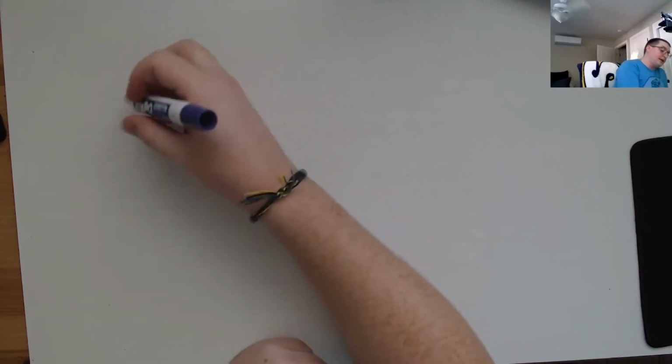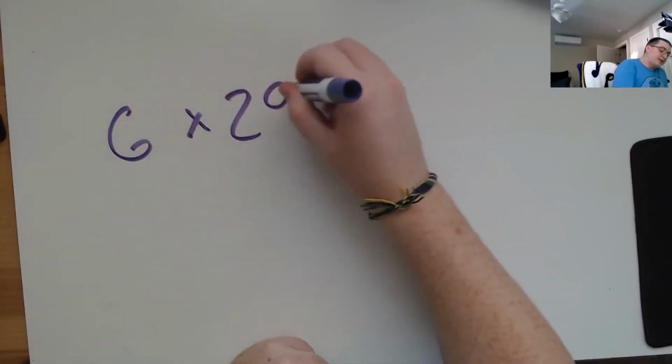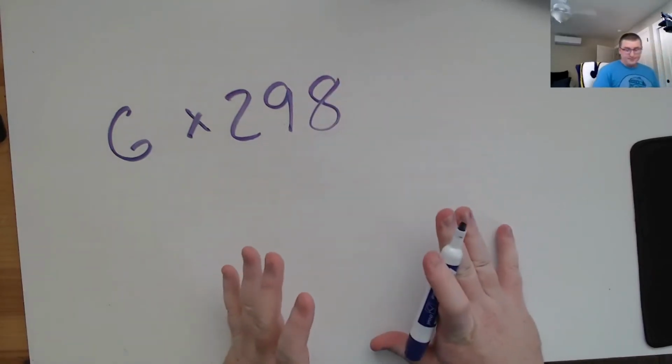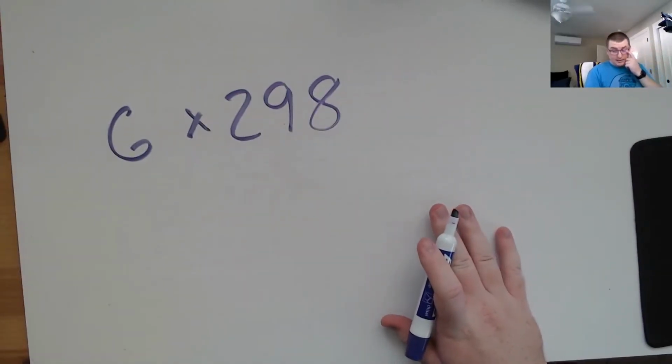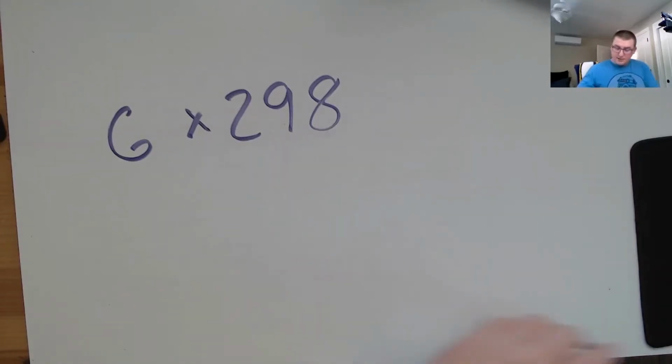Okay, our next one is going to be 6 times 298. So we have 6 times 298. Now, this one's going to get a little bit more fishy.